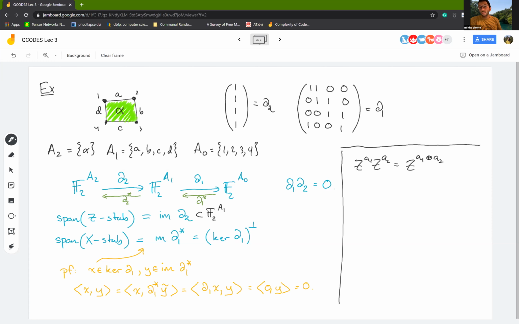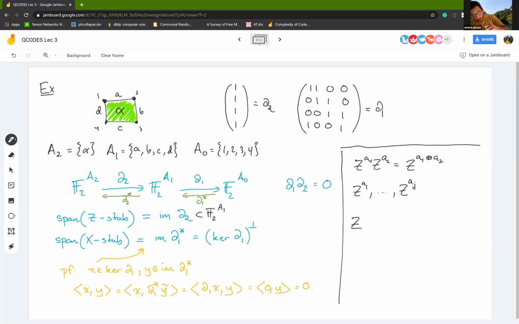Where the addition is with respect to F2. So if I start off with my Z checks being ZA1 to ZAJ, right? What are all the different Z checks that are in the stabilizer group?